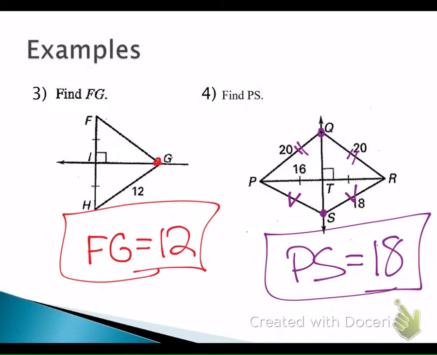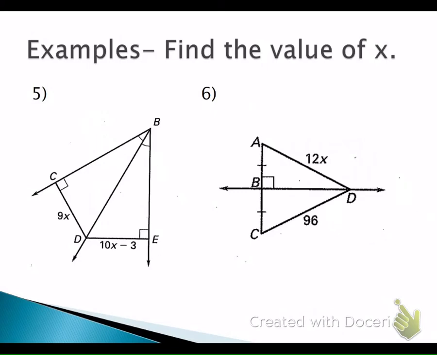Now, here's where we kick it up a notch. And I just want you to do the work with me. You should have one picture of each type in your examples and also in the vocab. So I think you've got enough diagrams in your notes right now. But I want you to practice writing these equations. So for number 5, point D is on the angle bisector. So what do I know about these two expressions?